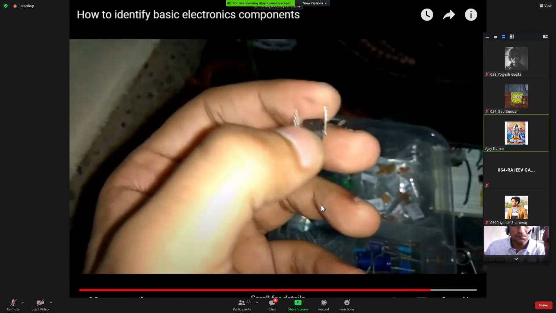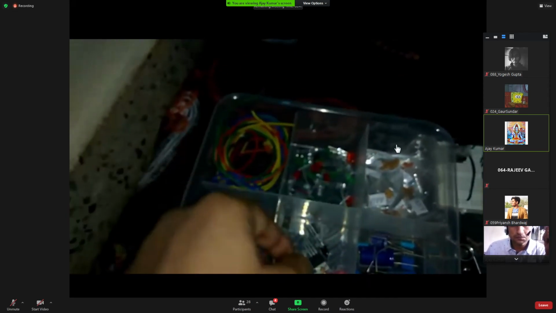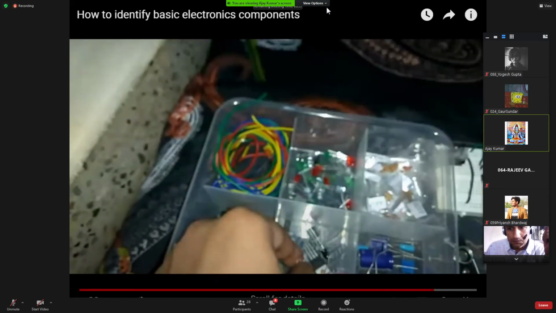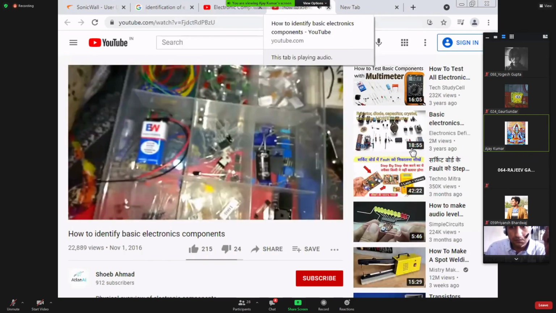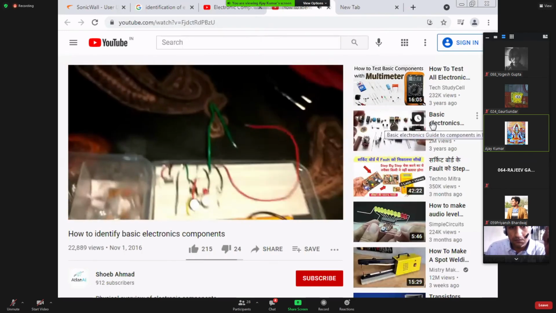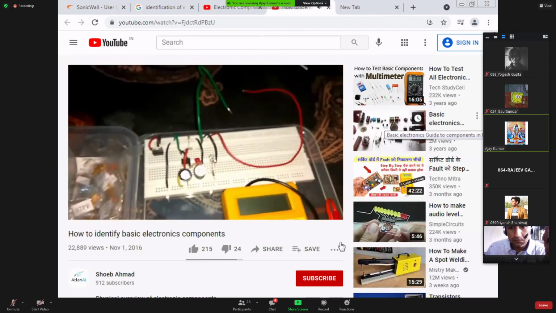How it works, I'm going to review in one of my upcoming videos. So this one is a power supply, means a battery, a wire, and it is a multimeter. And this one is a circuit made by me.